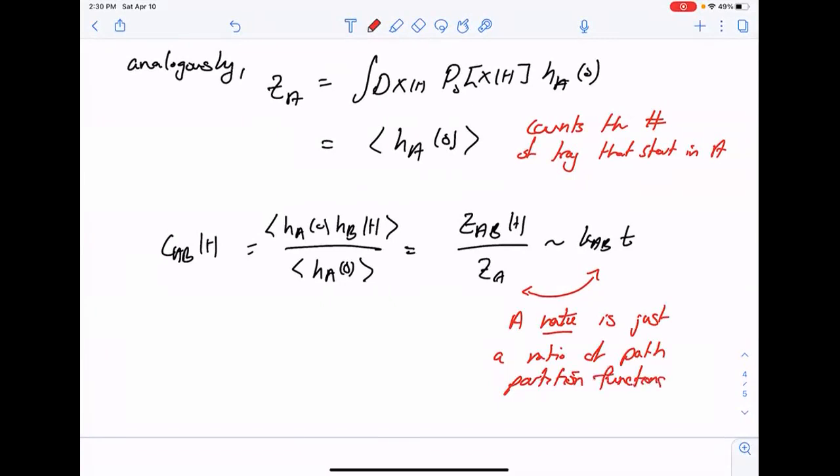Thus giving a physical interpretation as to what a path partition function is.